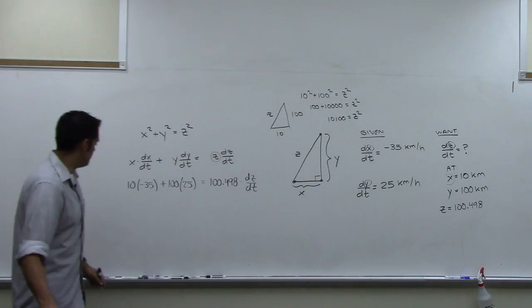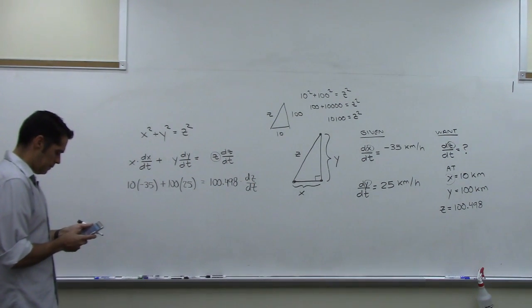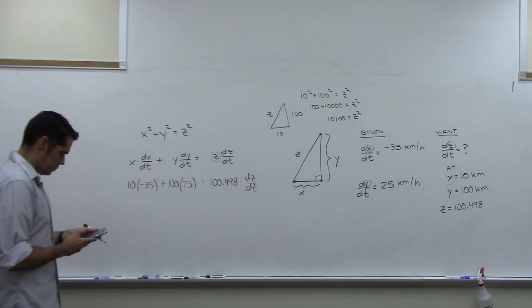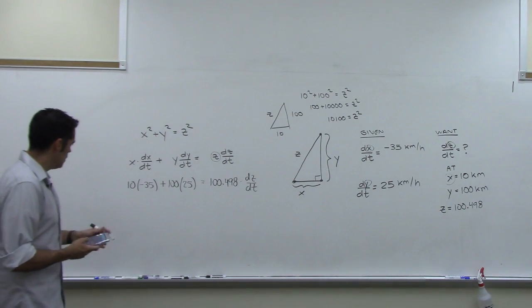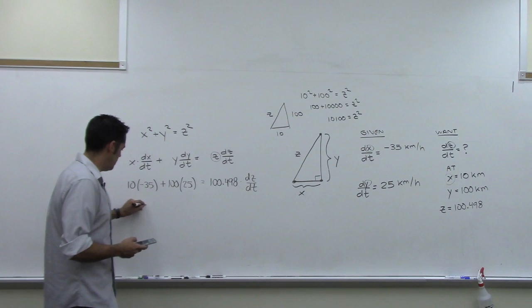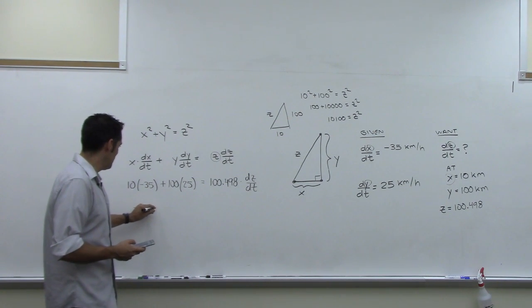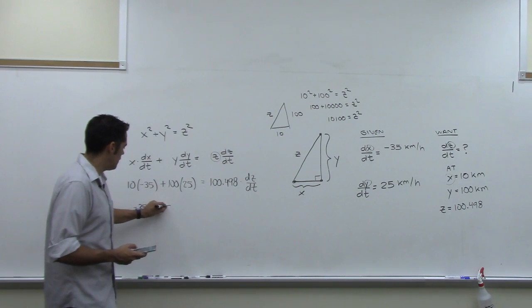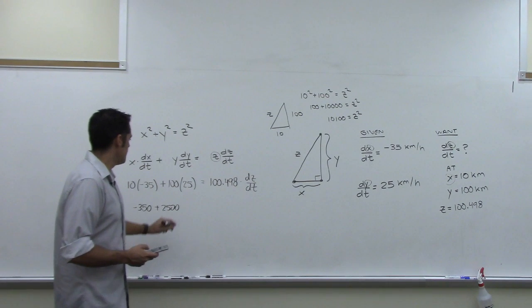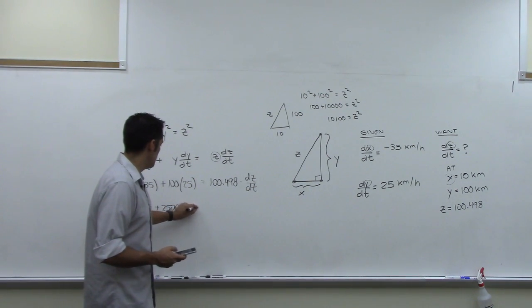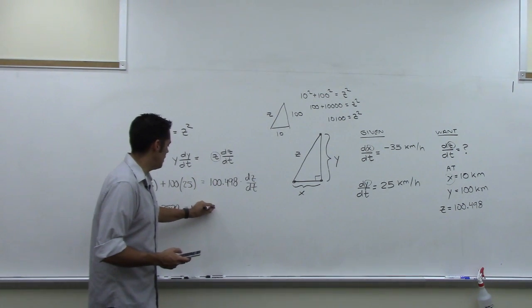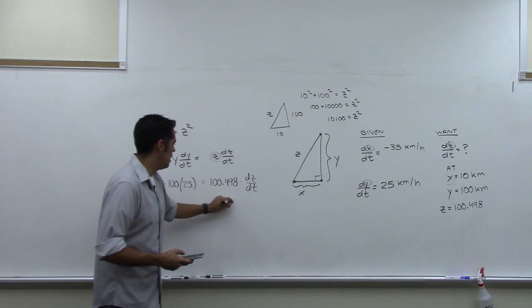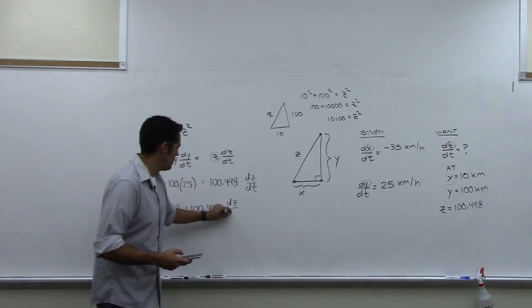So let me compute this. So we have negative 350. I didn't need my calculator for that. Plus 2,500 equals 100.498 times dz/dt.